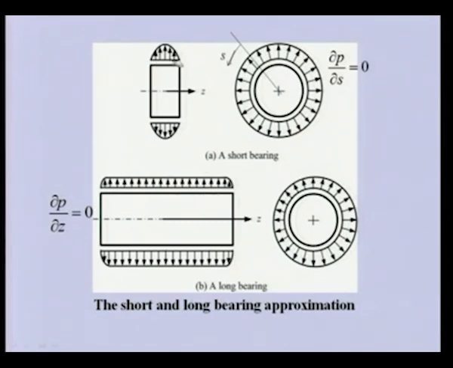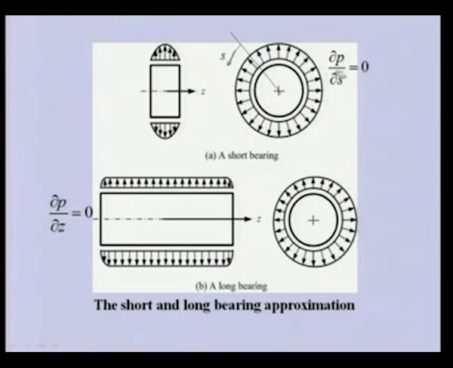If the bearing length is short, we will see that the pressure, because here it is atmospheric pressure, here also it is atmospheric pressure, so up to the center there will be a continuous variation of the pressure. That means the variation of the pressure in the axial direction will be there in the short bearing, but in the circumferential direction the pressure variation will be relatively less, and this can be ignored.